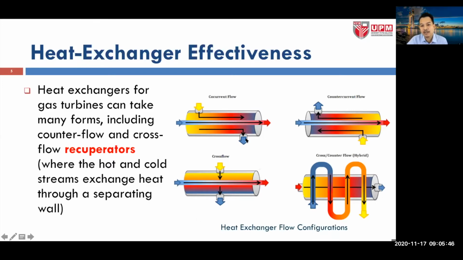These figures show the heat exchanger flow configurations. We have the concurrent flow, the counter current flow, where the flow is in the opposite direction, and the cross flow, where we cool the heat exchanger this way, as well as cross-counter flow, which is a hybrid heat exchanger flow configuration.